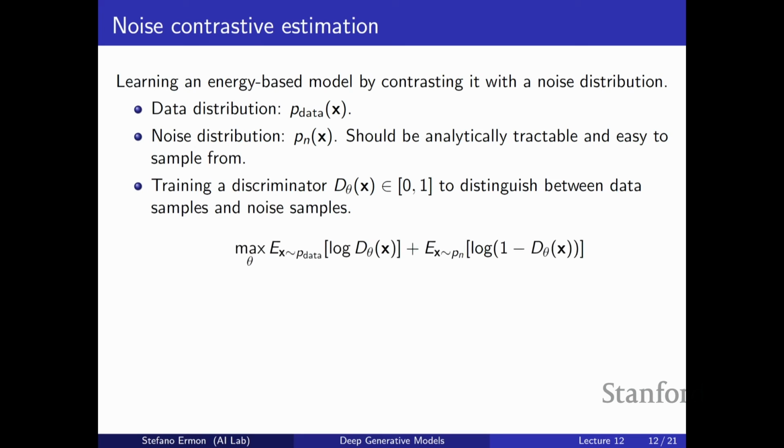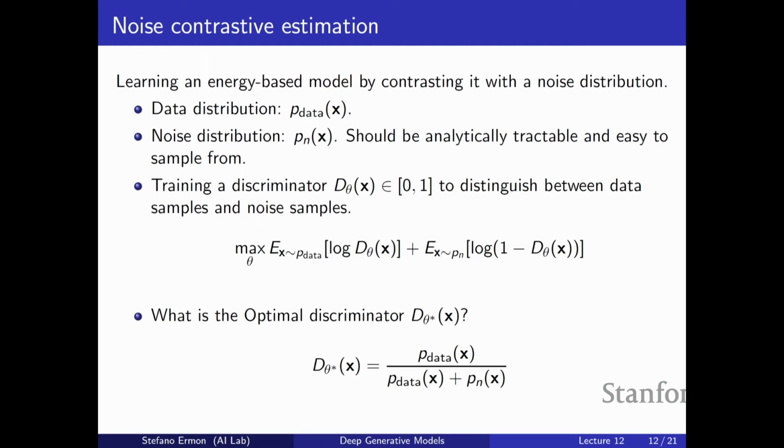Recall that if you train a discriminator optimally by minimizing cross entropy, to discriminate between real data and samples from the noise distribution, what is the optimal discriminator? It has to basically give you the density ratio. For every x, it has to know how likely x is under data and how likely x is under the noise distribution.